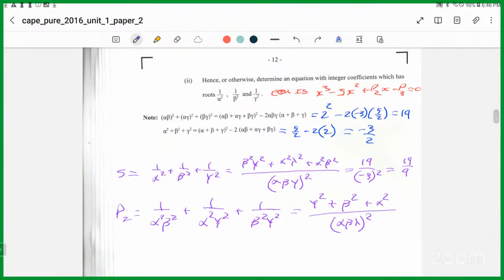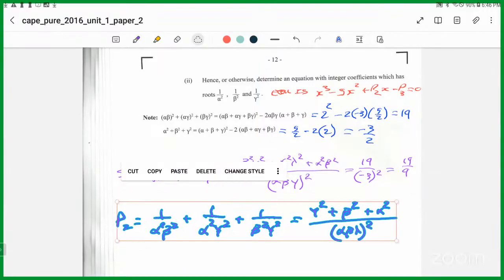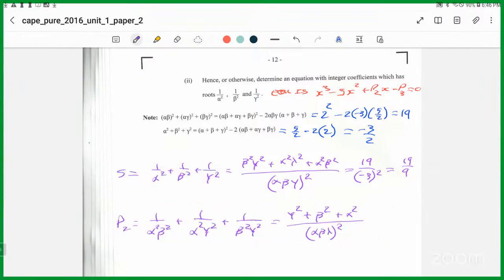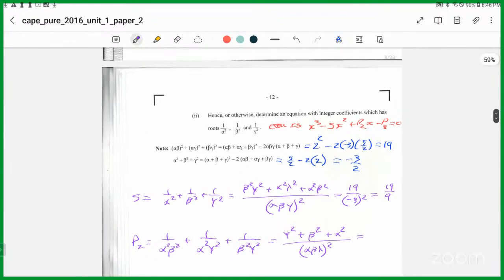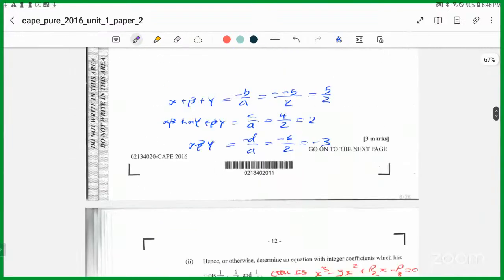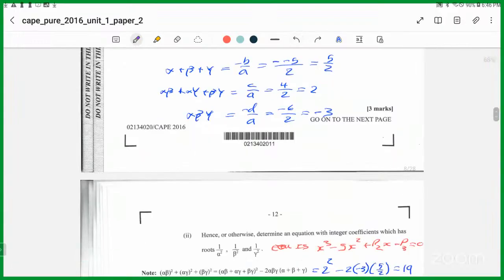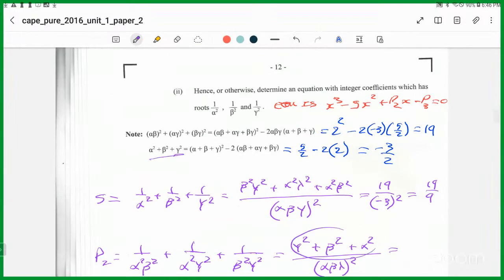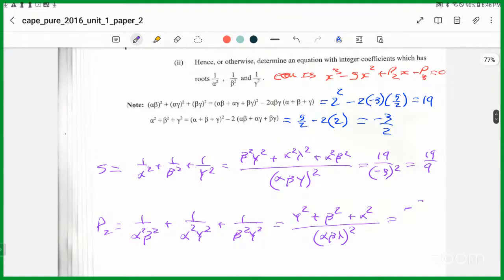So it becomes this expression that we did on the top here, right? It's minus 3 over 2, over 9.